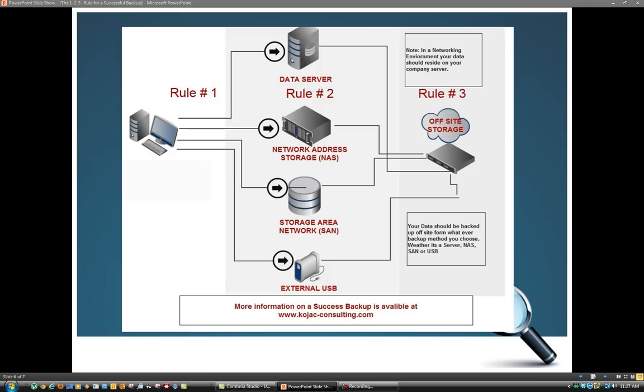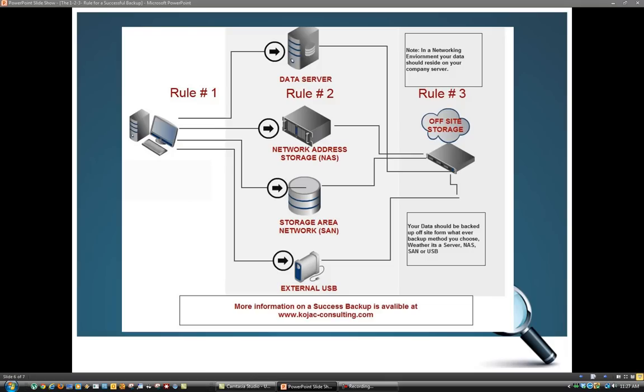In a networking environment, it would sit on your data server, as seen just above rule number 2. Now, once we have our original copies or our working copies on either our local computer or on our server, we also want to back it up to the appropriate solution that we've chosen, using a network attached storage unit, referred to as a NAS, a storage area network, referred to as a SAN, or it can be backed up to an external USB drive.